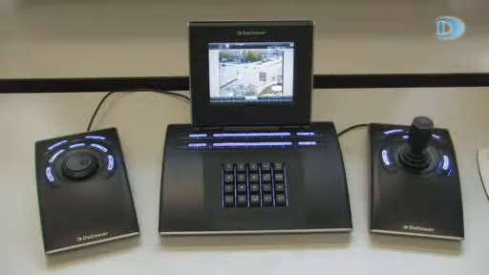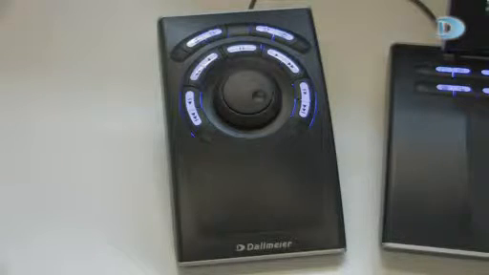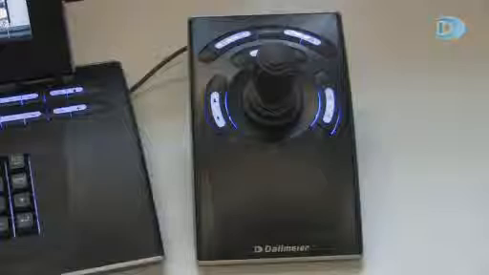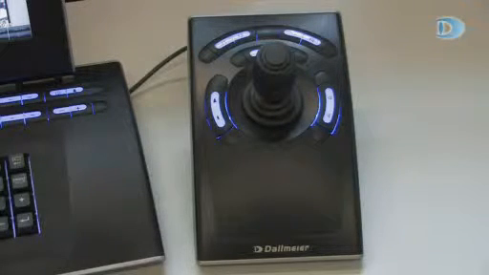Part of the keyboard is this jog shuttle that you can see here. The jog shuttle is used for the playback control. As I said, forwards, backwards, picture by picture, all these things can be easily controlled by the jog shuttle. And the third component of this keyboard is the joystick for the PTZ control.